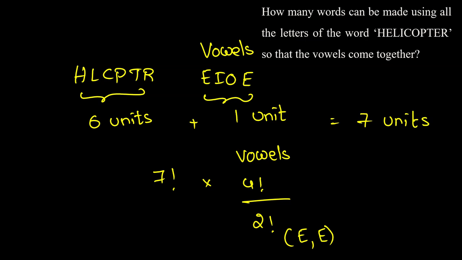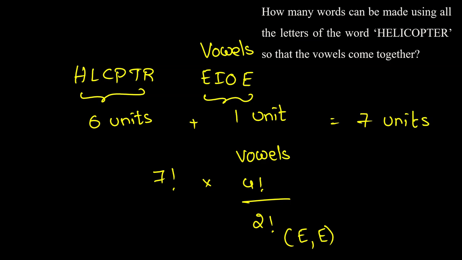No. All consonants as 1 unit, vowels 4, total 5 units, 5 factorial divided by 2 factorial because 2 vowels are repeated, into 6 consonants, 6 factorial ways. If consonants are together for the same question, 5 factorial divided by 2 factorial because E's are repeated 2 times, multiply with 6 factorial because 6 consonants can arrange in 6 factorial ways. That's what you have to understand.